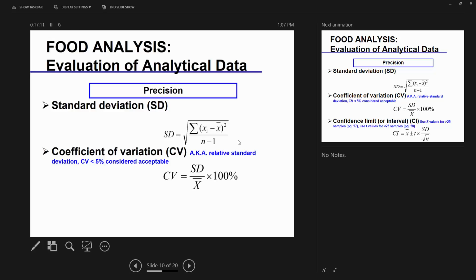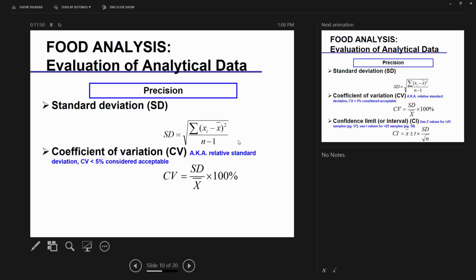So what I want to do now is give you an example. I have a few numbers here to show you. Let's say we have wheat flour, and you used a near IR instrument to determine protein content percent.